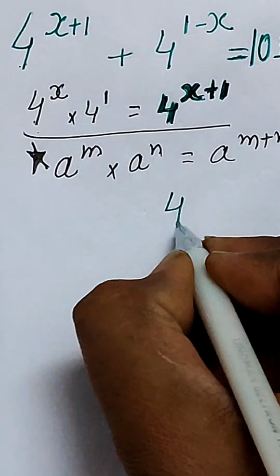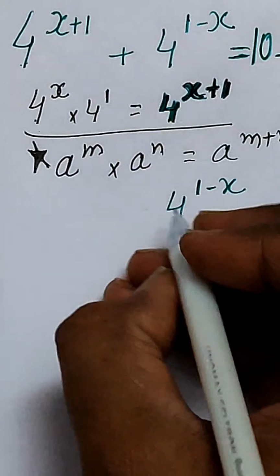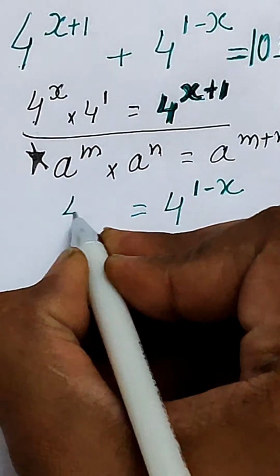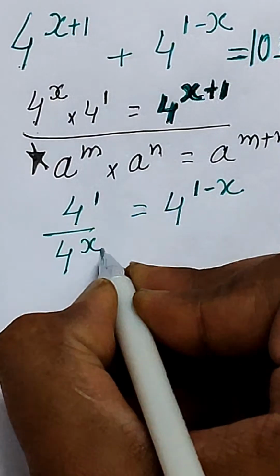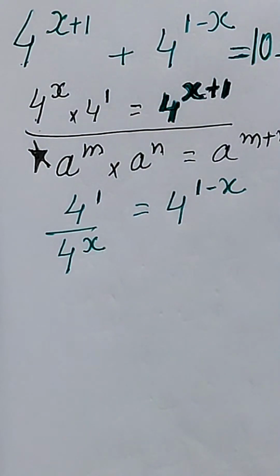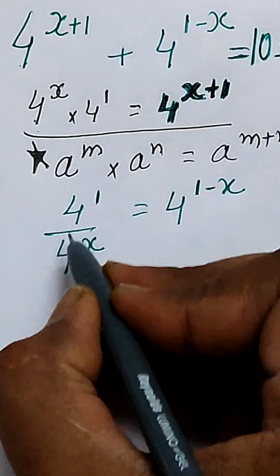Similarly, 4 power 1 minus x can be written as 4 power 1 by 4 power x, isn't it? Why?